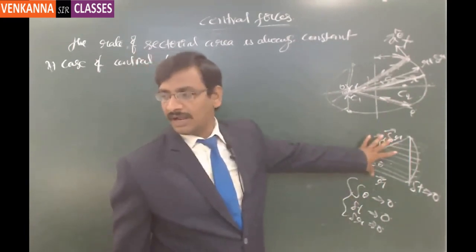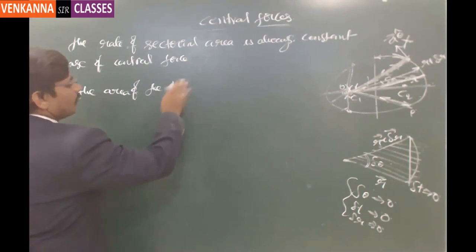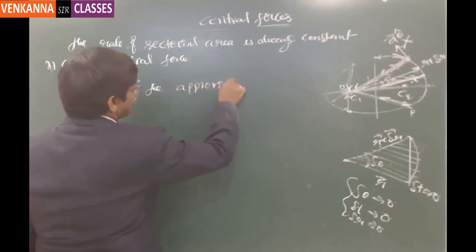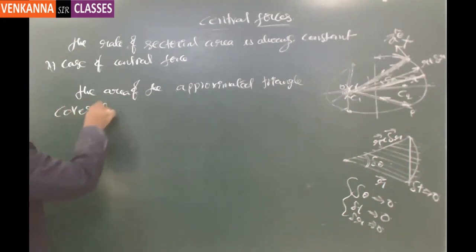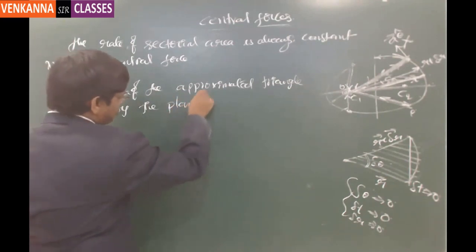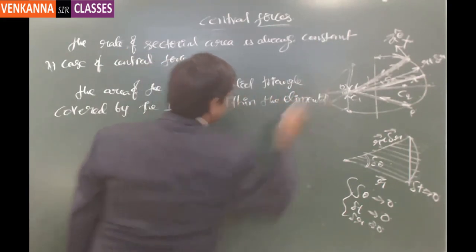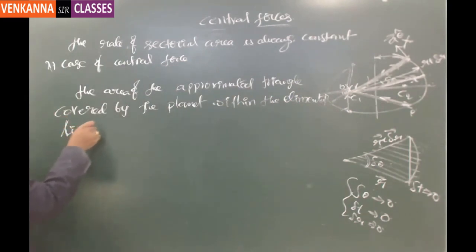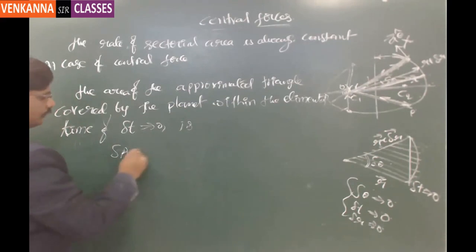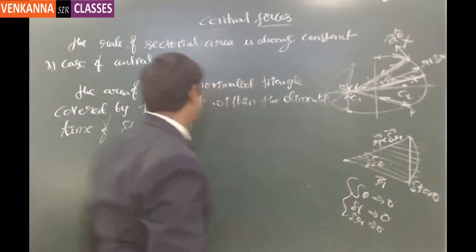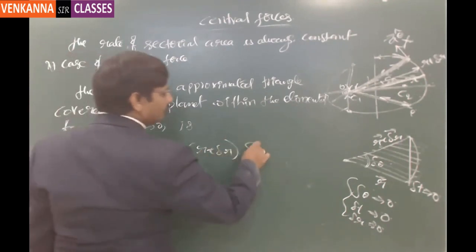From this understanding, the area of the approximated triangle covered by that planet within the elemental time of delta t tending to 0 is delta A. For any triangle with lengths r and r plus delta r, the area is going to be half r into r plus delta r into sine of the angle between these two.